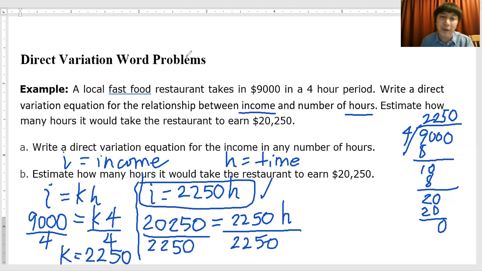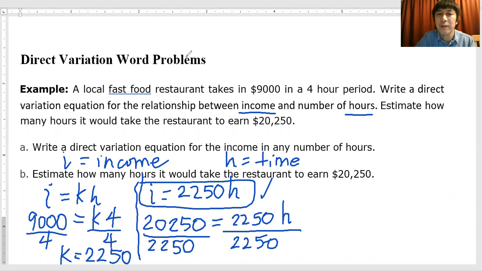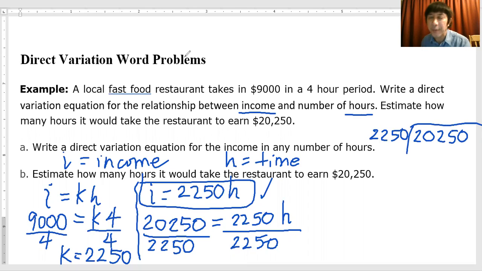So H is what? 20,250 divided by 2,250. Let us do it over here. So we're going to divide this. Let me try the first digit.